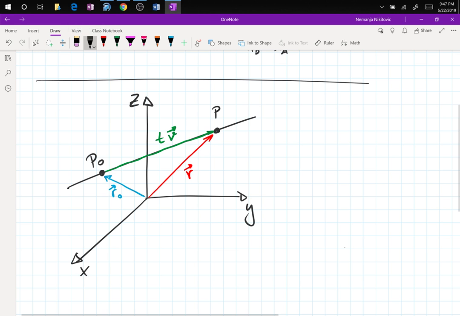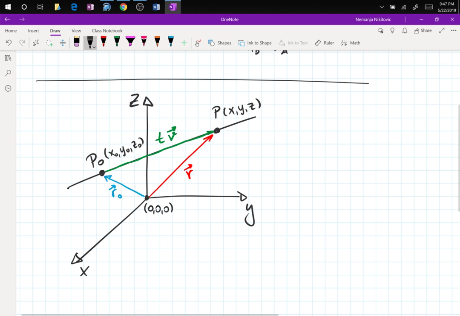All right, so what's happening over here? Well, I have my origin over here, which is 0, 0, 0. I have my point P, which is going to be x, y, z. That's the point P. Now P0 has x0, y0, z0 coordinates. And vector v.